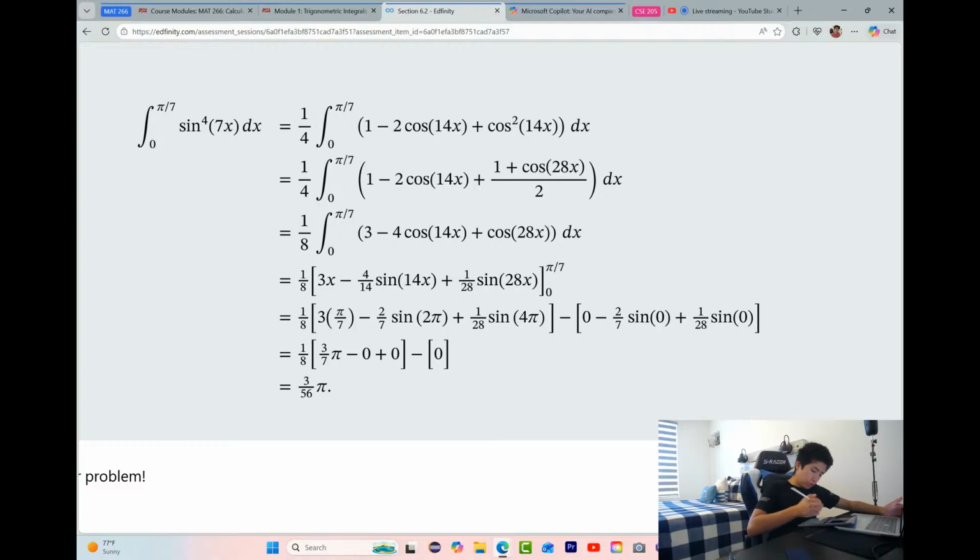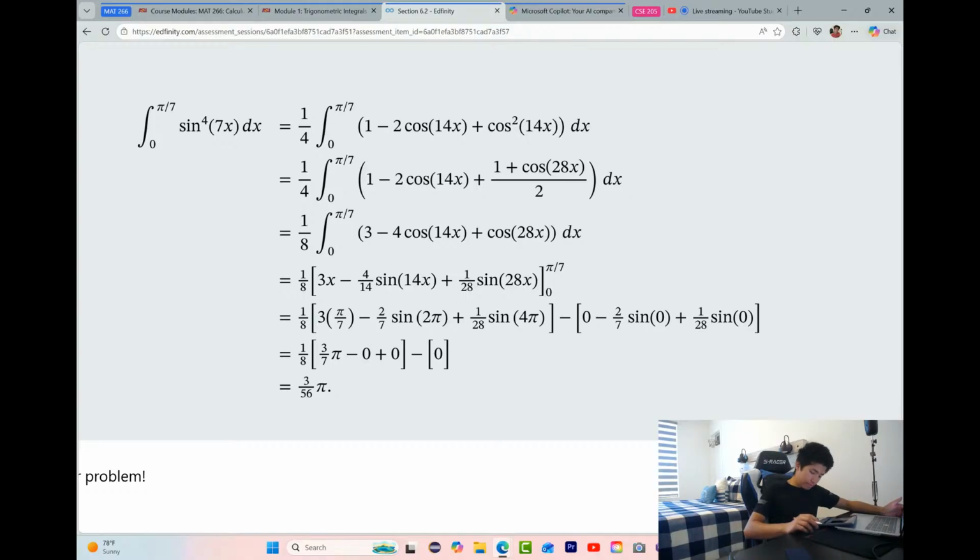Okay, so yeah, just simplifying. You get 3x minus sine of 8x over 2 plus sine of 16x over 16.